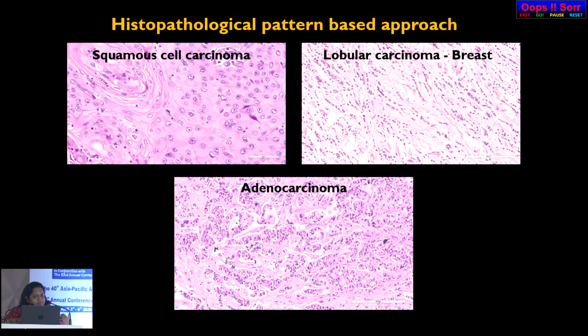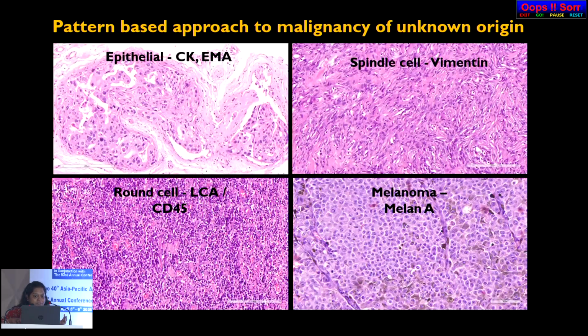So how do you approach a case? You have to first look at the morphology, whether it's squamous, or whether it's showing an acinar kind of morphology as in adenocarcinoma, or a classic Indian file pattern as in lobular carcinoma. So you look at the morphology first and then decide what immunomarkers you're going to do. Next, see whether it is of epithelial origin, and then you advise markers such as cytokeratin and EMA.